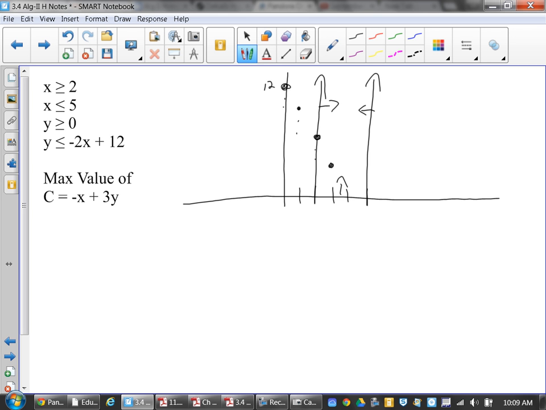I should have probably counted that off because I may have messed this up. Yeah, that's pretty close. So we're down to the right 1. That's an 8.